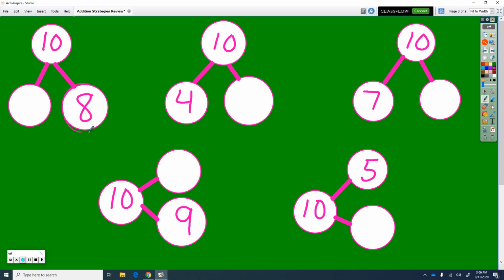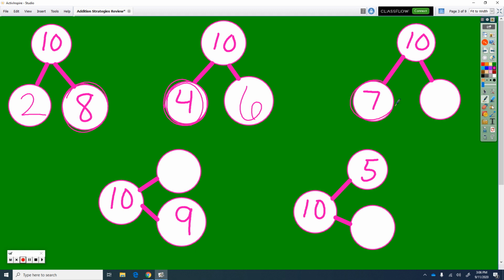If I have 8, how much more do I need to make it a 10? It's 8 plus 2. What about 4? What can I put with 4 to make 10? It's 4 plus 6. And then what about 7? What do I put with 7 to make a 10?